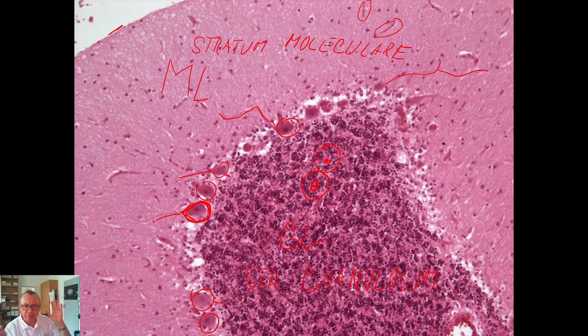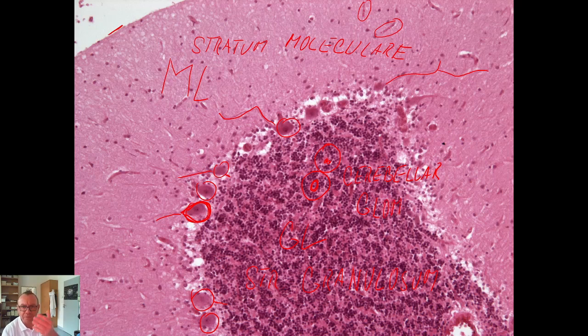So the small granular neurons tend to accumulate in groups, so-called cerebellar glomeruli, having nothing in common with renal glomeruli, of course.